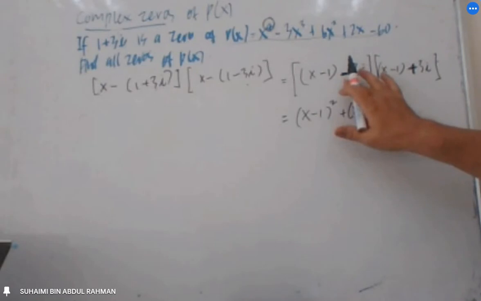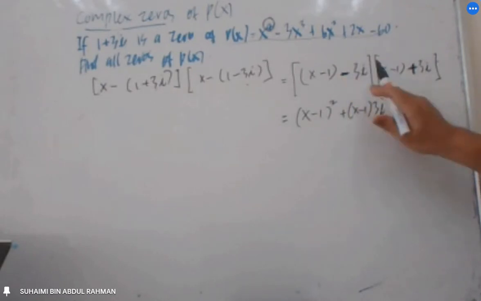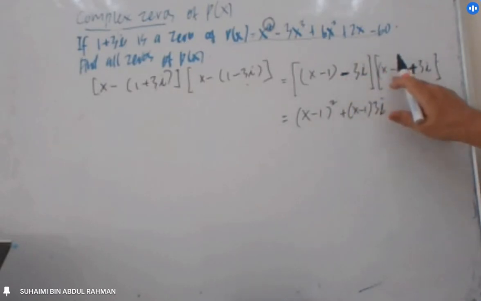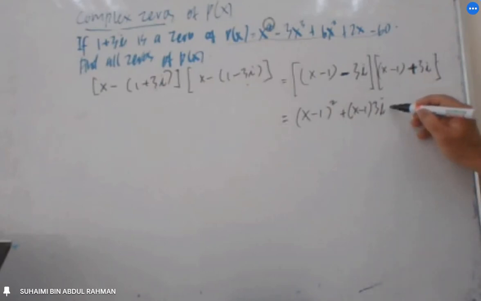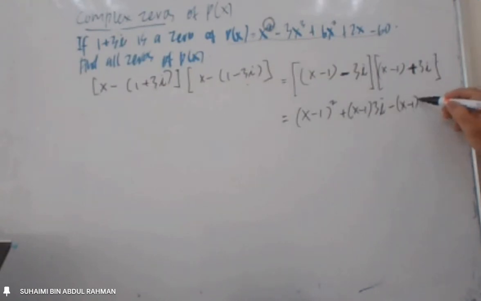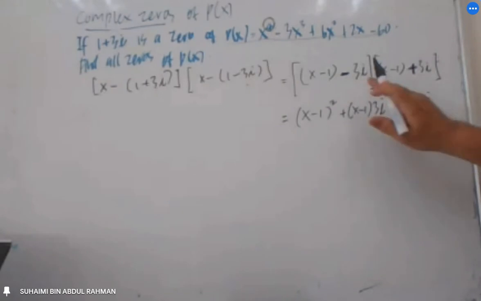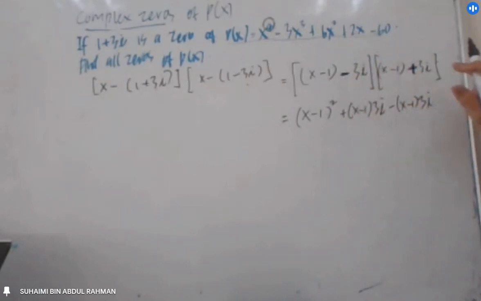Then here, minus 3i multiplied by x minus 1, what do we get? Minus (x minus 1)(3i). Minus 3i multiplied by 3i, minus 9i squared.